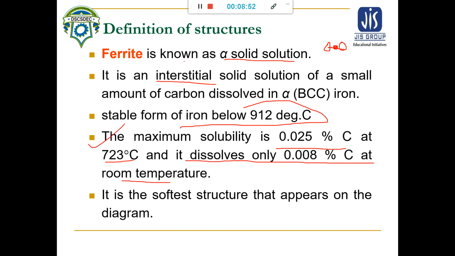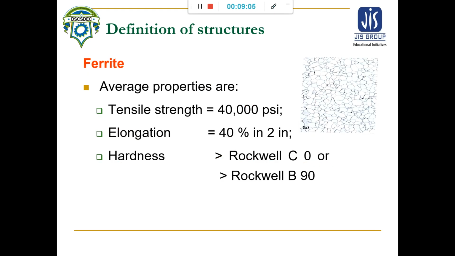These things can be known from the iron carbon phase diagram that we will see. Ferrite is the softest structure that can appear in the diagram. These are the average properties of ferrite, and this is the microstructure of ferrite.